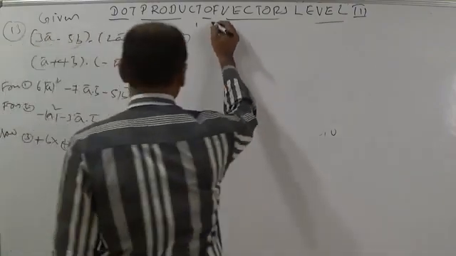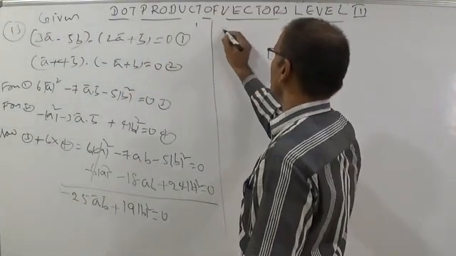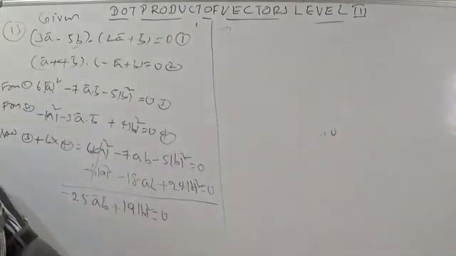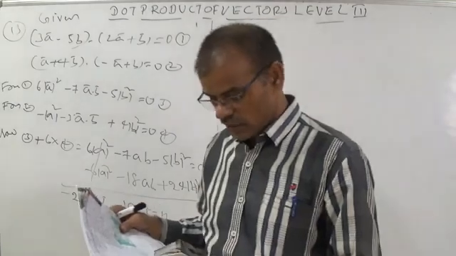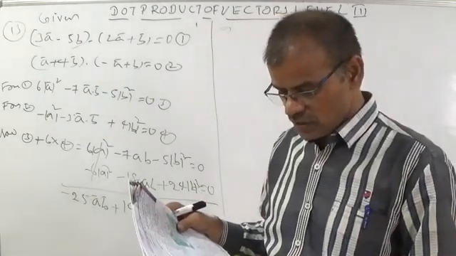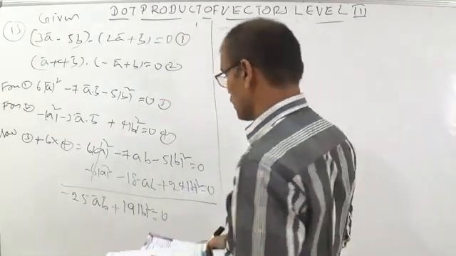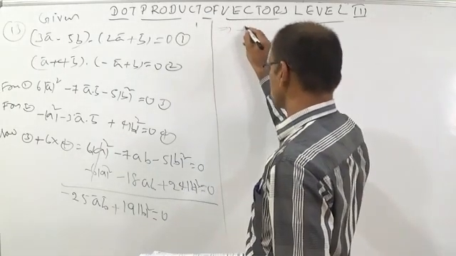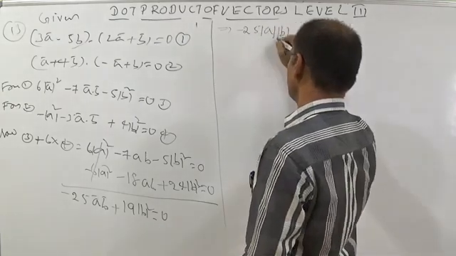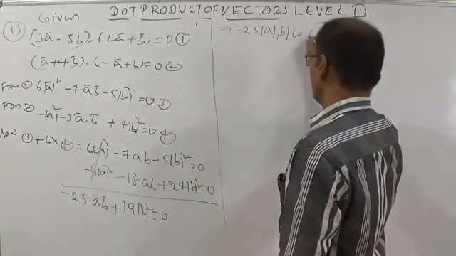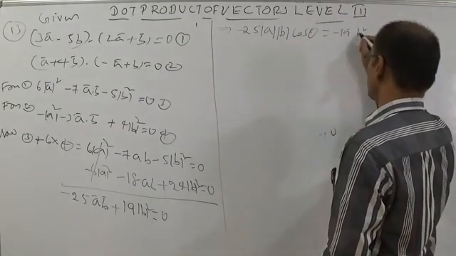25 a·b is equal to 19|b|². First, let us read the question, the data once again. It is not given whether the vectors are unit vectors or not. The vectors are mutually perpendicular, so he is not discussing whether it is a unit vector or not. So you can write here −25|a||b|cos θ is equal to −19|b|².